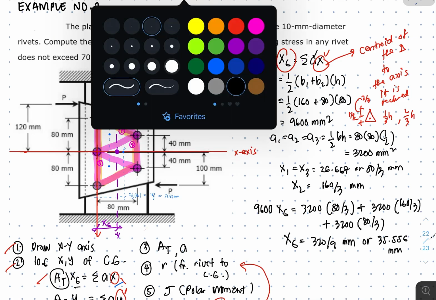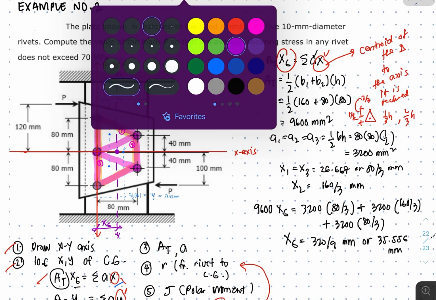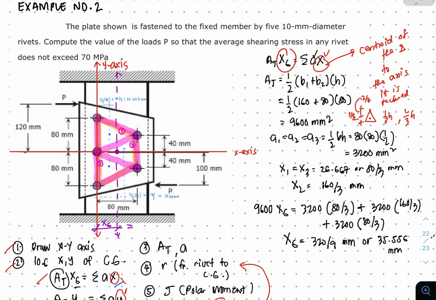So the value of our x sub g, reckoned from the y-axis, is 35.556 mm.